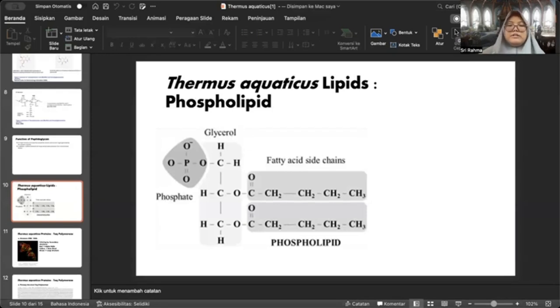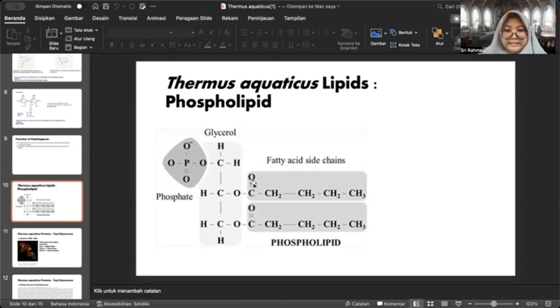So, lipids in the Thermus aquaticus, the one that I will draw here is the phospholipid that contains a phosphate, glycerol, and fatty acid side chains.